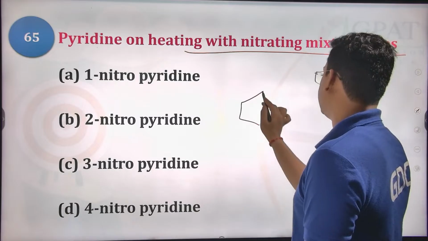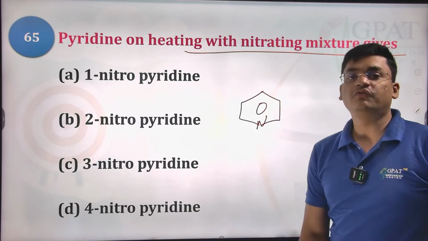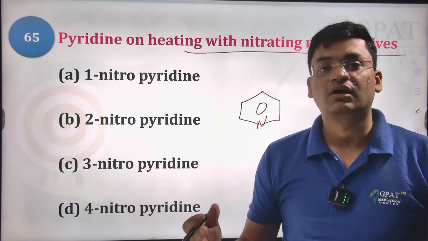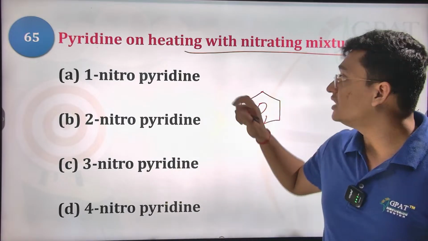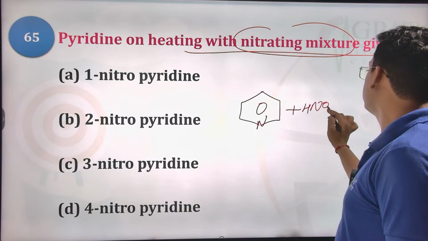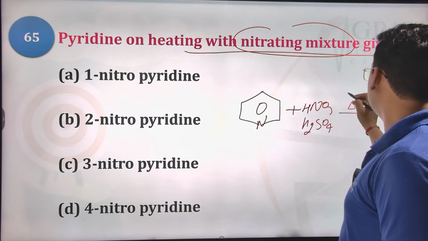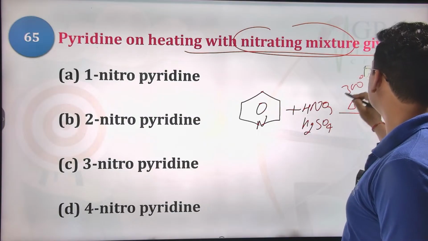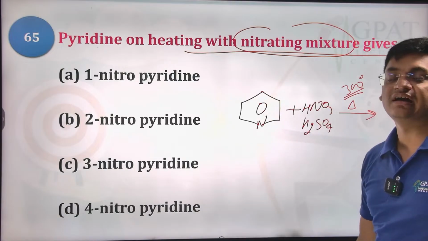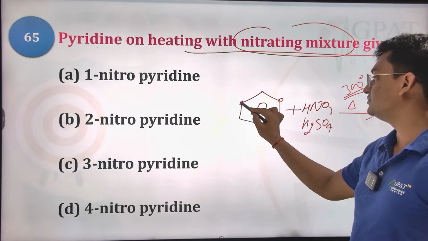Pyridine does not give any kind of electrophilic substitution reaction at lower temperatures, at room temperature. For the nitrating mixture, that is HNO3 plus H2SO4, this is possible only when the temperature exceeds 300 degrees centigrade. At higher temperatures only, the pyridine ring can undergo electrophilic substitution reaction, only at the third or fifth position.